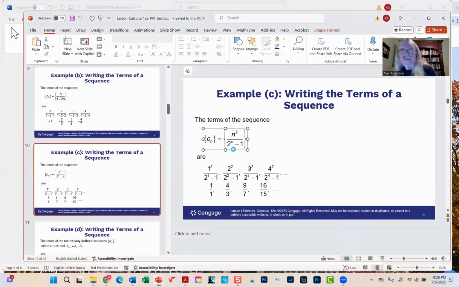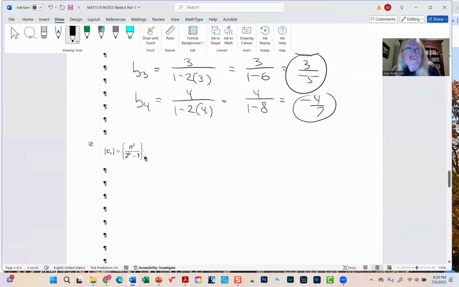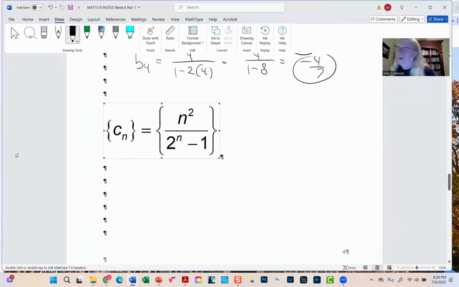C, Cn. All right, so C1 will be 1 squared over 2. Ooh, this will be interesting.